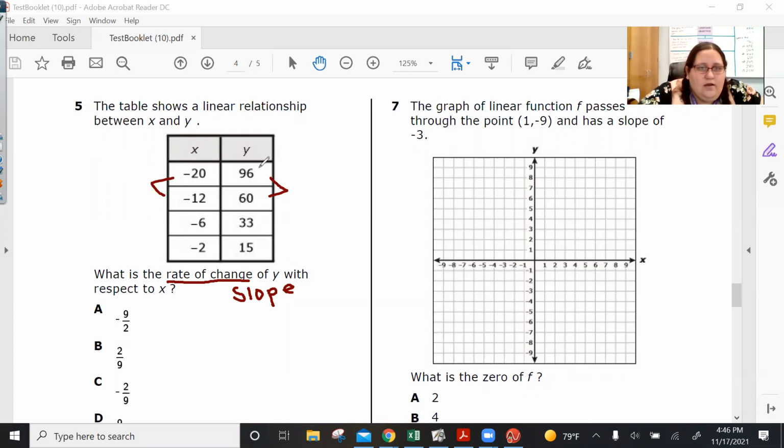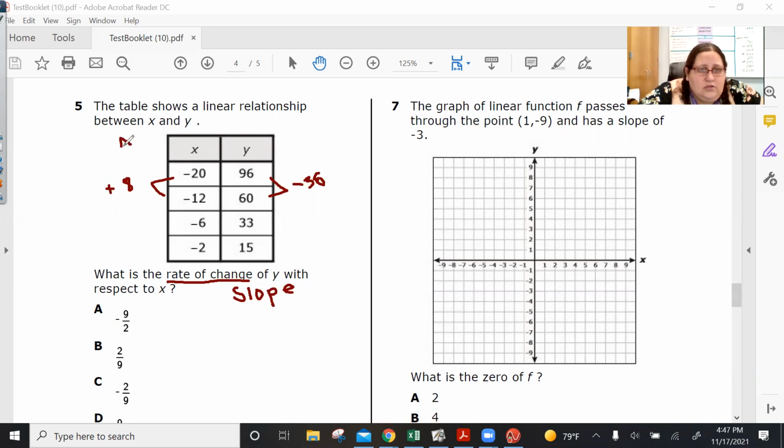So from 96 to 60, I'm going down 36. Okay, from negative 20 to negative 12, actually going up 8.